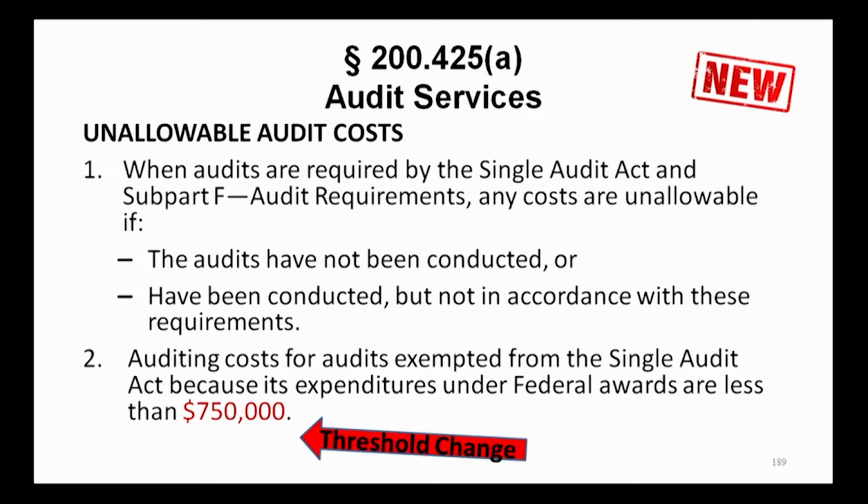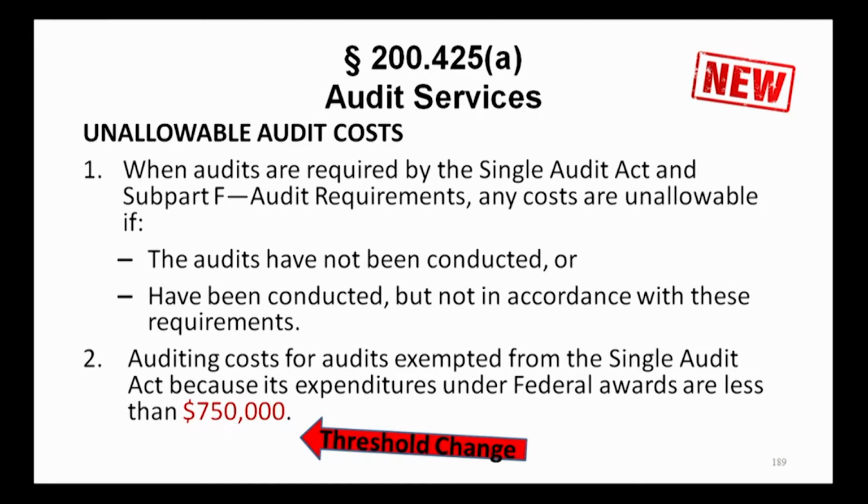So in terms of allowable costs, the language hasn't changed in paragraph 1. You can't pay for an audit if it hasn't been conducted. Makes sense. Or if it has been conducted, but it wasn't in accordance with these requirements, so it didn't meet the specifications of the Single Audit Act.